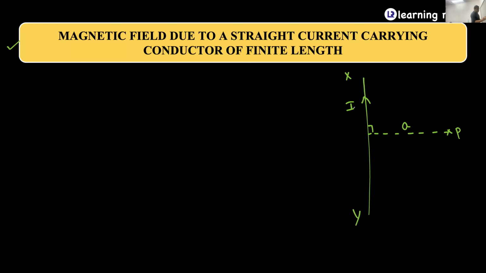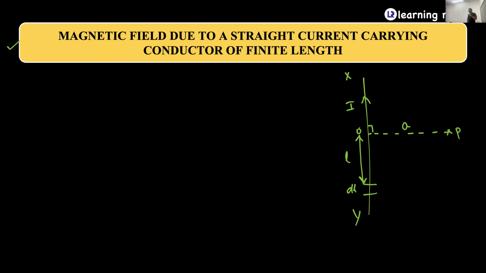So the first thing that I'm going to do is I'll consider a small current carrying element of thickness dl at a distance L from this point. Because we considered from this point only we took P, no? So from here vertically at a distance L, I'll consider a small current carrying element of thickness dl, and let me label this point as O.